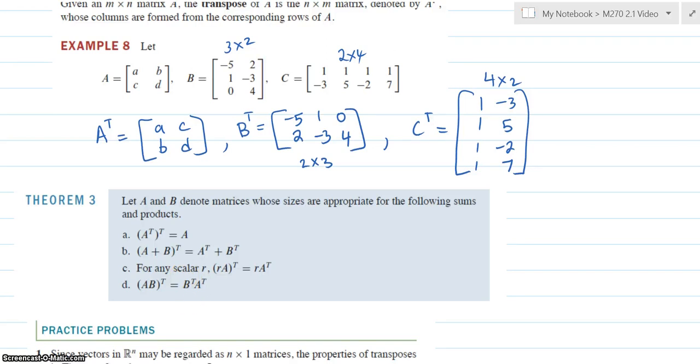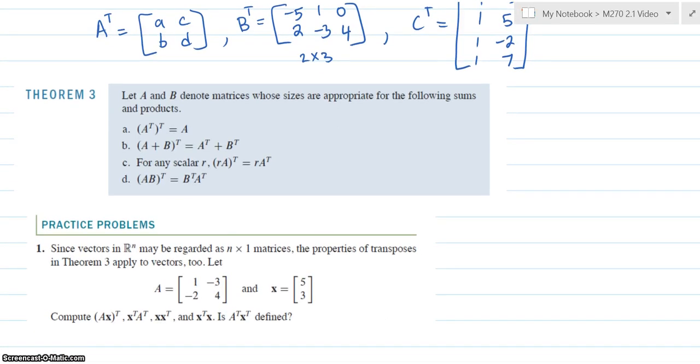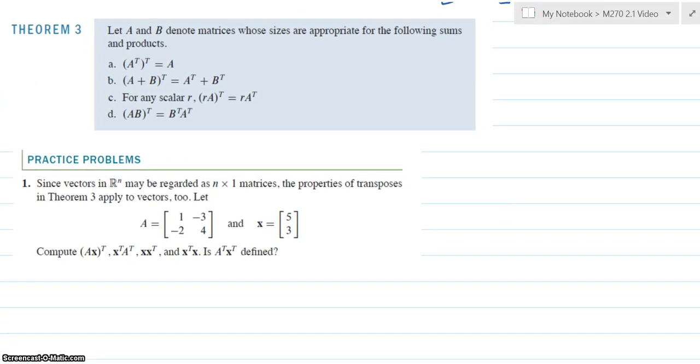You can see that it does make sense that they're switched. These can actually be proved, and some of them are left for the book for you to do, but I think the last one you can find in one of the exercises.